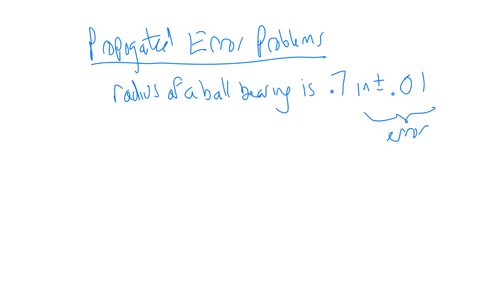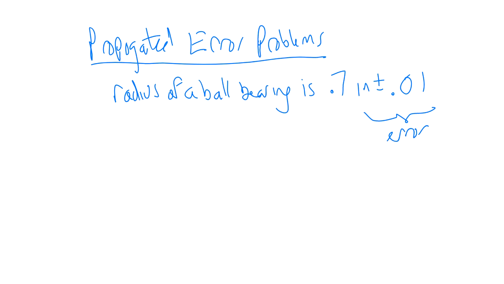There's a small amount of error. And depending on what you're manufacturing, your error can be larger or smaller. If you're manufacturing something like a hip replacement, then you're going to want to be very exact, and your error allowed is going to be very small. If you're manufacturing rebar to go in concrete, your error can be bigger because it's not as critical that it be exactly the same.